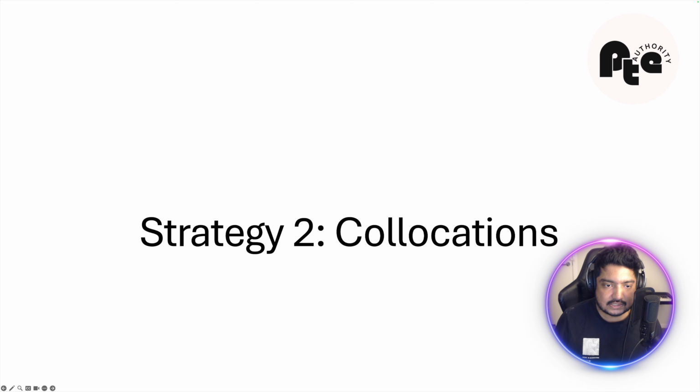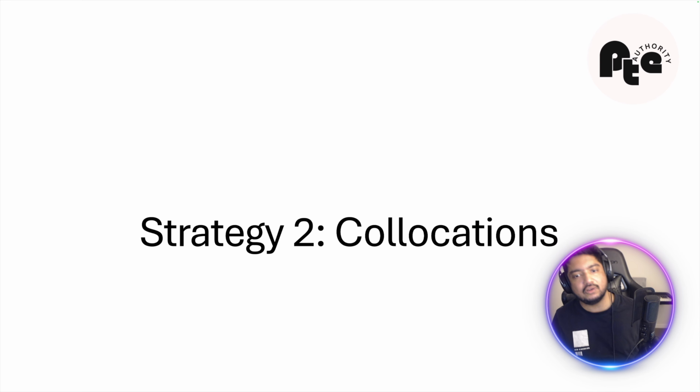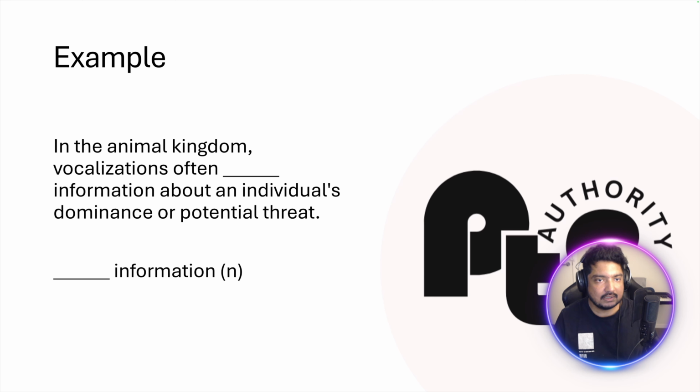Okay, now let's look at strategy two, collocations. Collocations are nothing but words occurring together. Let's start with this example. In the animal kingdom, vocalizations often blank information about an individual's dominance or potential threat. So the collocation here is blank information.